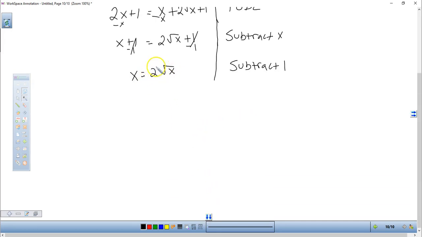Now, I don't have to divide by 2 here. I can, but then I'm going to have a weird fraction over here. Instead, I'm going to square both sides again.